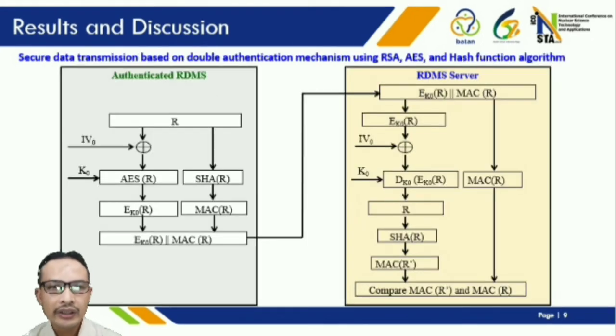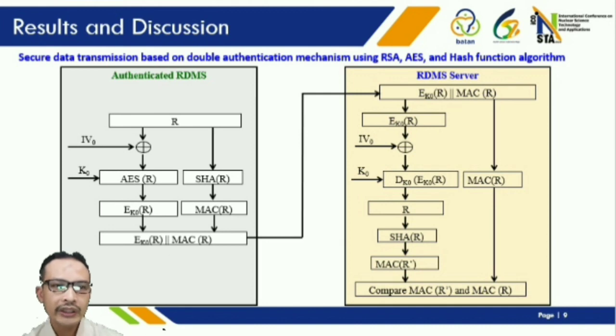And this is a description of our protocol to ensure the security of the data. In this mechanism, we transmit our radiation monitoring data by encrypting using AES algorithm, and to make sure of the integrity, we implement hash function in this protocol.